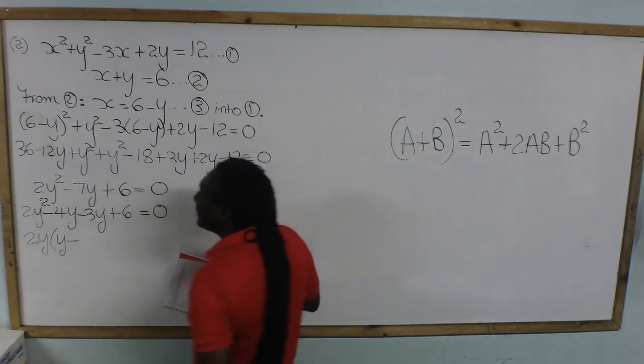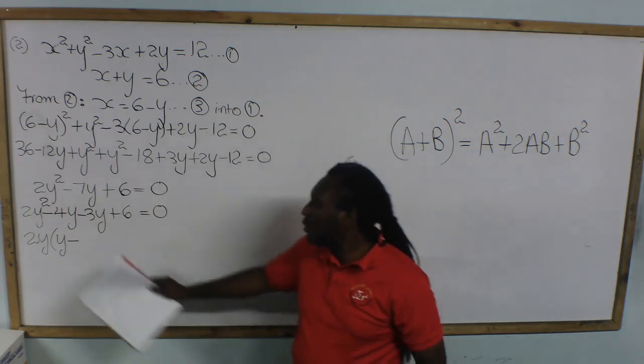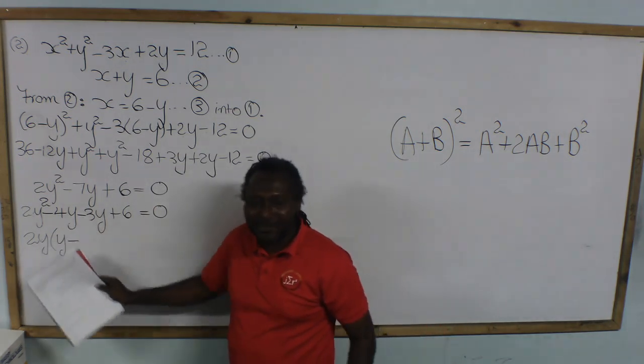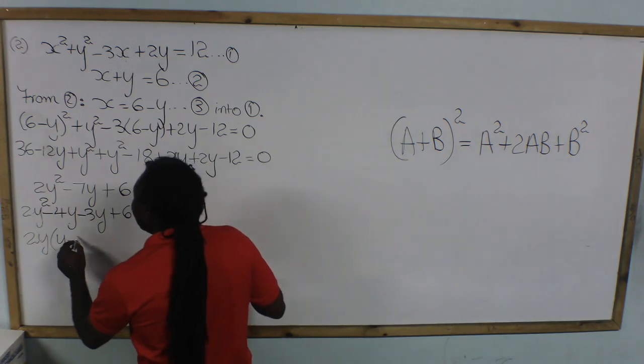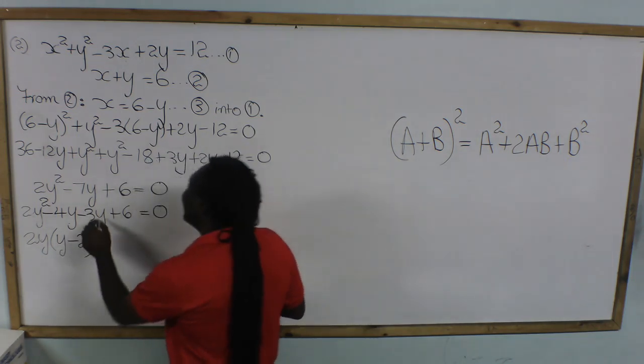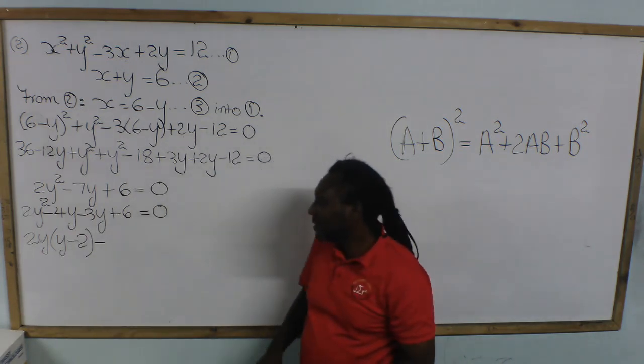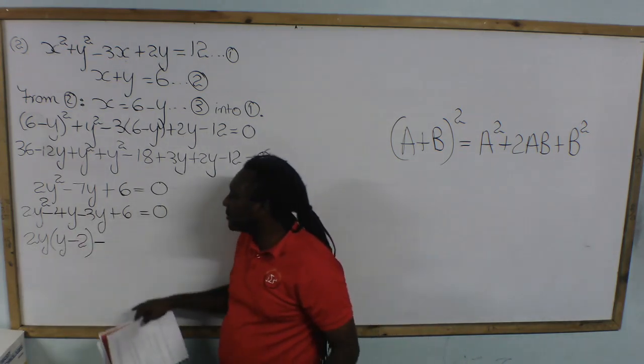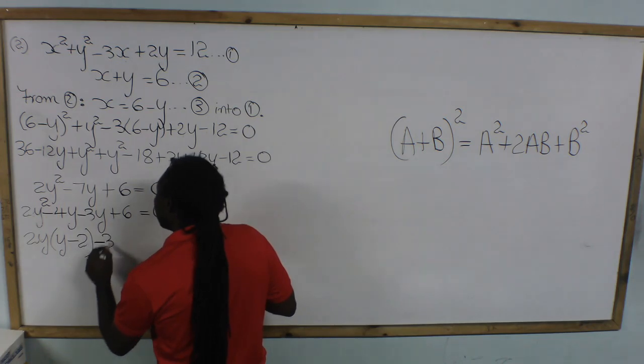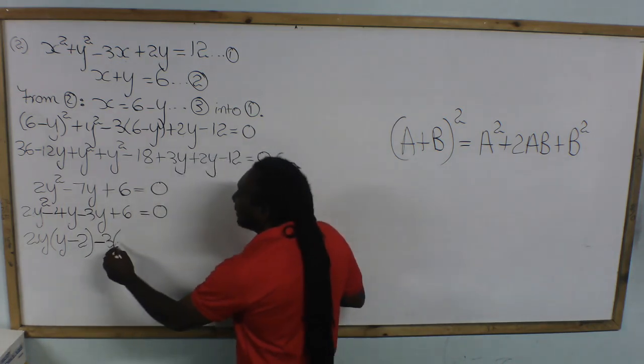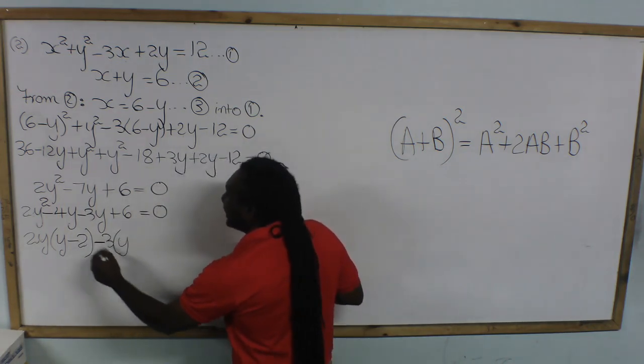We have another problem like this to solve, so let us get this one right. 2y into -4y. What's common in these two? 3 is common in the other two. What will we have here?